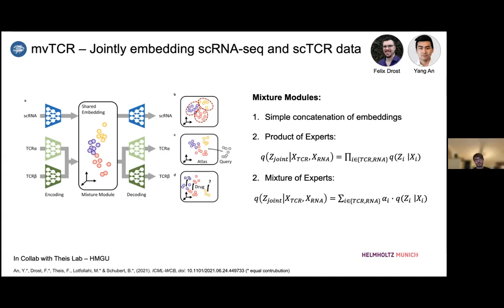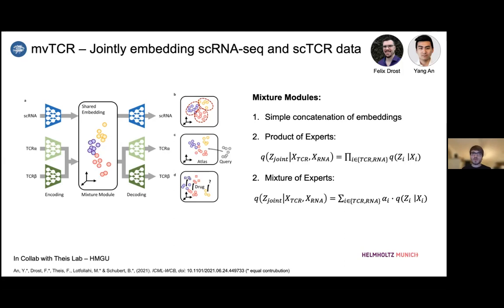And this is what we try to approach through this project, which is also in collaboration with the TICE lab and was spearheaded by Felix and young PhD students in my group. Here we tried to build a multi-view conditional variational autoencoder to jointly integrate measured single-cell transcriptomics and T-cell receptor sequences into a latent space that we can then use for various downstream tasks.